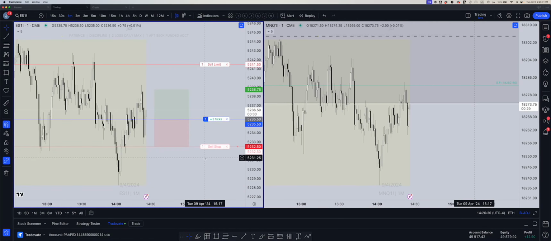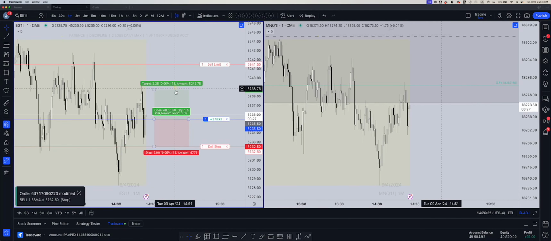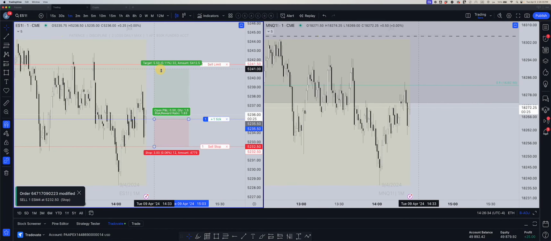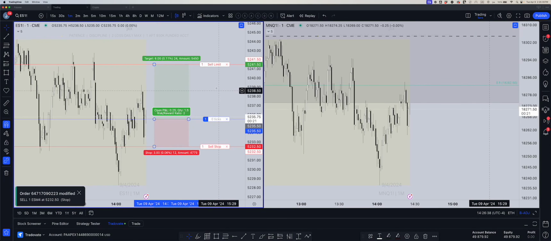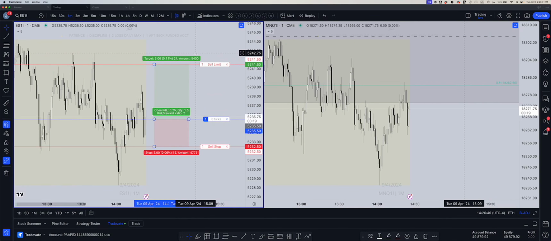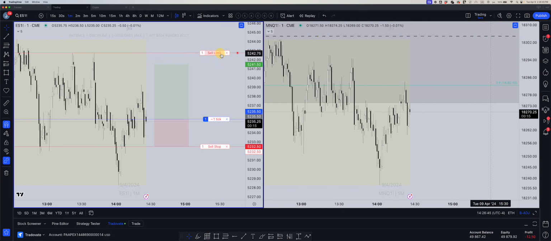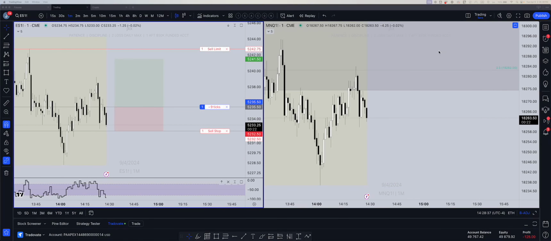$3.75. So this is going to be 2 to 1, exactly. But I'm actually going to target these highs, these relative equal highs here. All right, this position doesn't look good.